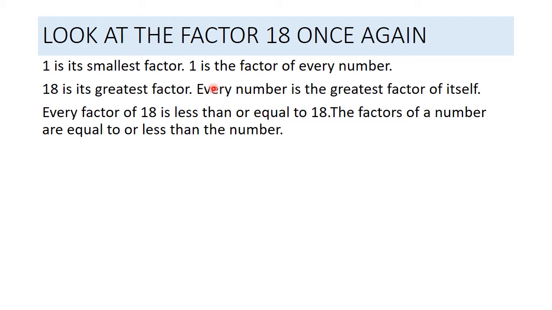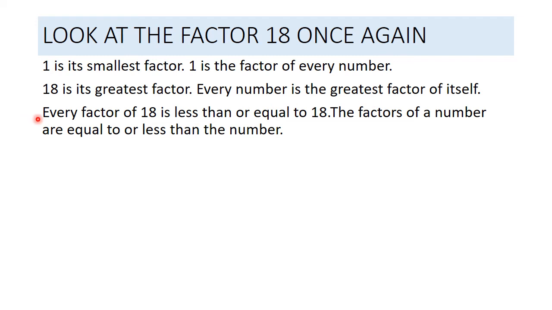Now, 18 is its greatest factor. If I ask what is the greatest factor of 18, 18 will be its greatest factor. That means every number is the greatest factor of itself. A number which is greater than the given number can never be its factor. Can 24 be a factor of 18? No, it is not possible. Can 20 be a factor of 18? That is also not possible, because the number itself is the greatest factor of itself.